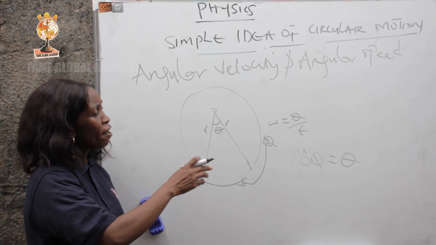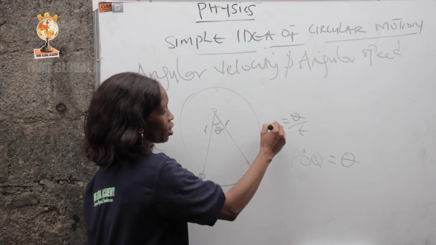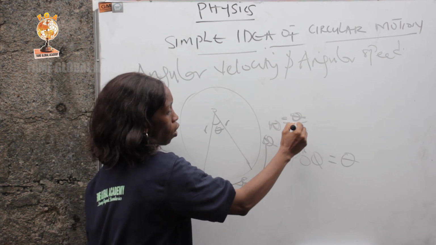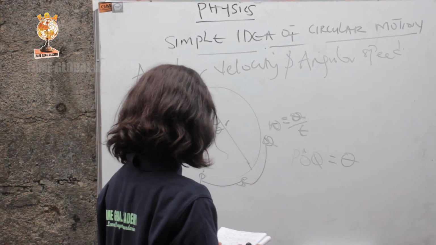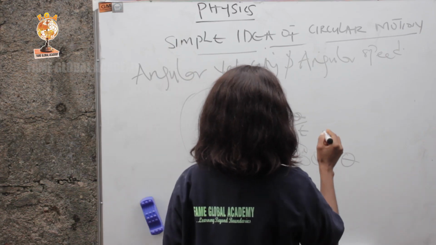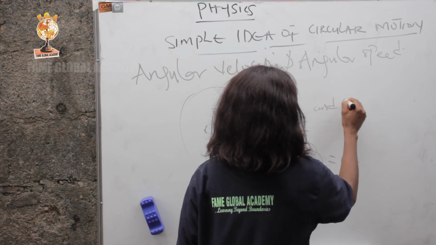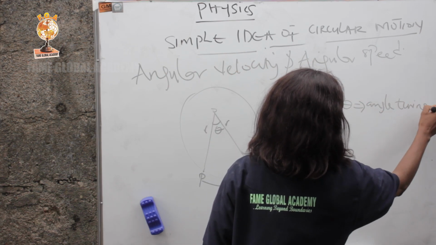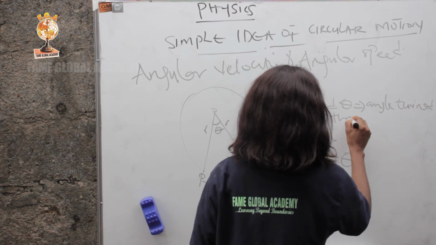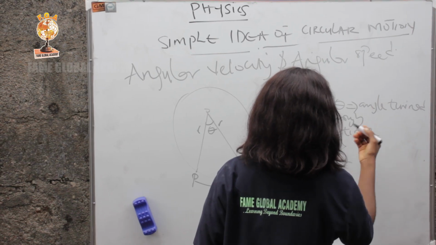The formula for angular velocity is W is equal to theta over time, and theta is the angle turned through. Then T is time, an elapsed time.